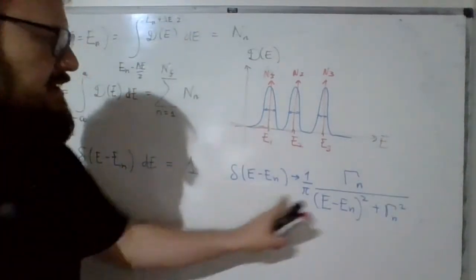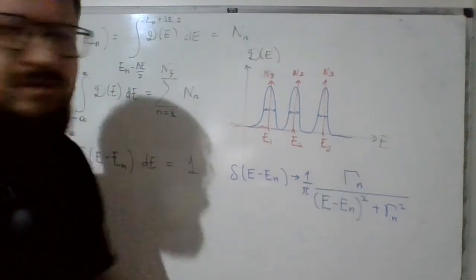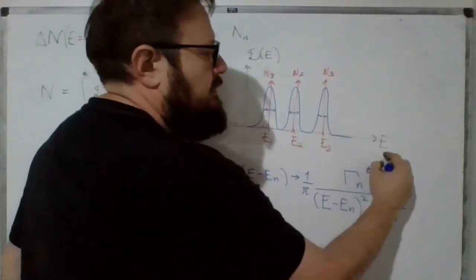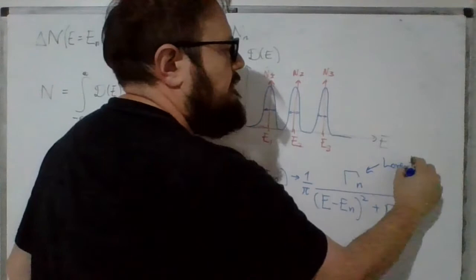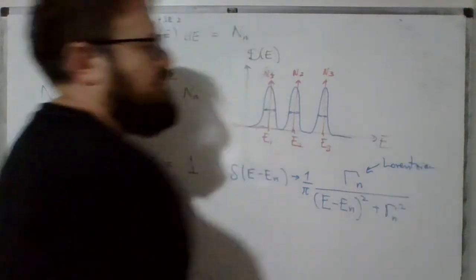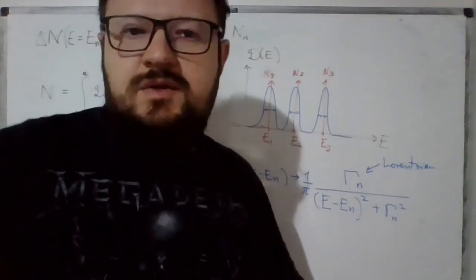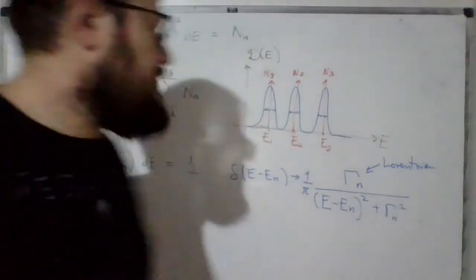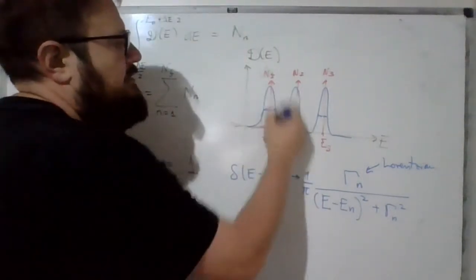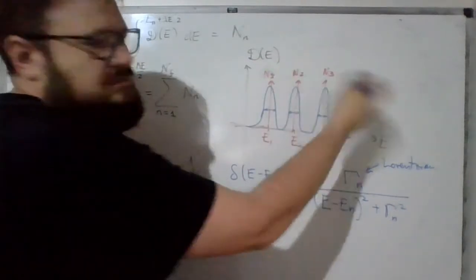This delta here is replaced by a representation using a Lorentzian. Or perhaps you can use another representation. Perhaps this is better represented by a Gaussian.